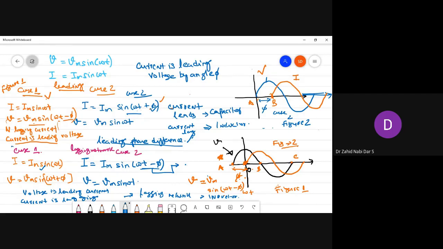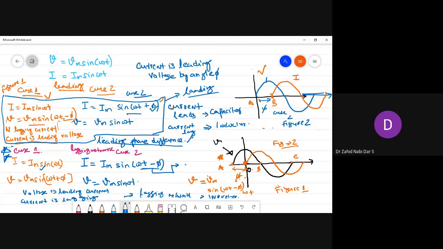These two cases are different cases. From here there is a second case. Only see on the upper side, this particular portion is for leading. Here if you see, voltage is lagging. Voltage is lagging means current is leading.